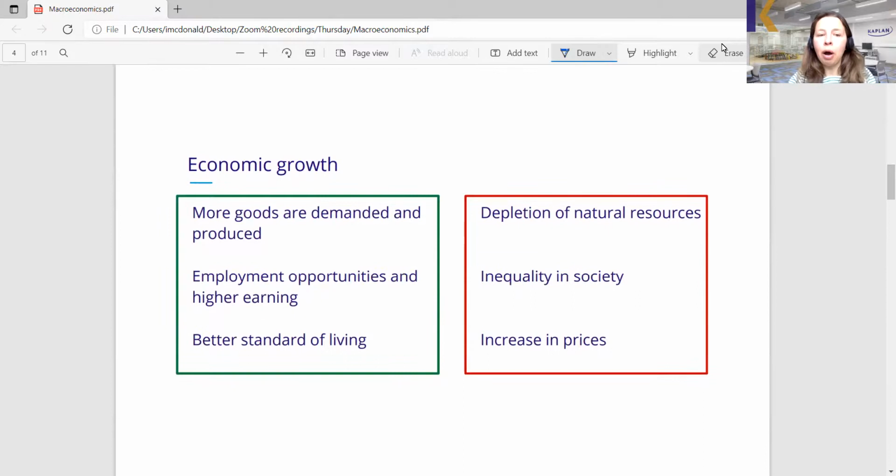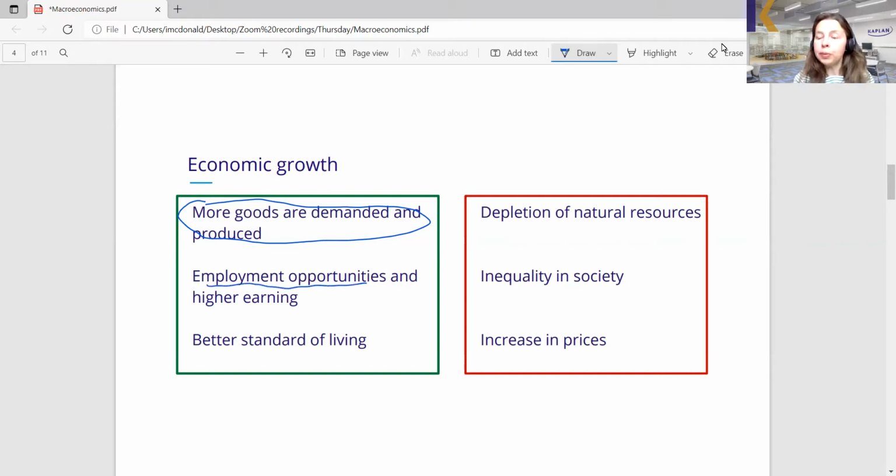Firstly, let's think about economic growth. So the definition of economic growth is that more goods are demanded and produced. As in individuals, consumers are purchasing more, companies are investing in the economy to make more of those goods and services. And generally, as we know, economic growth is a good thing because it creates employment opportunities.